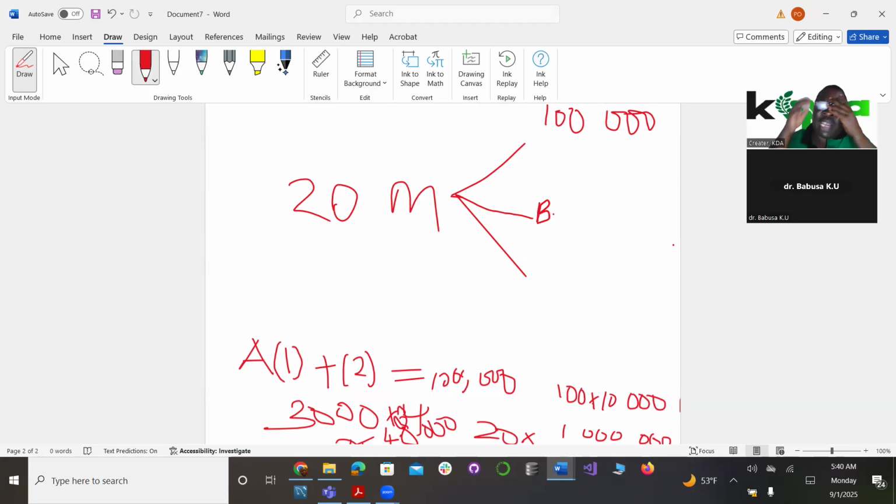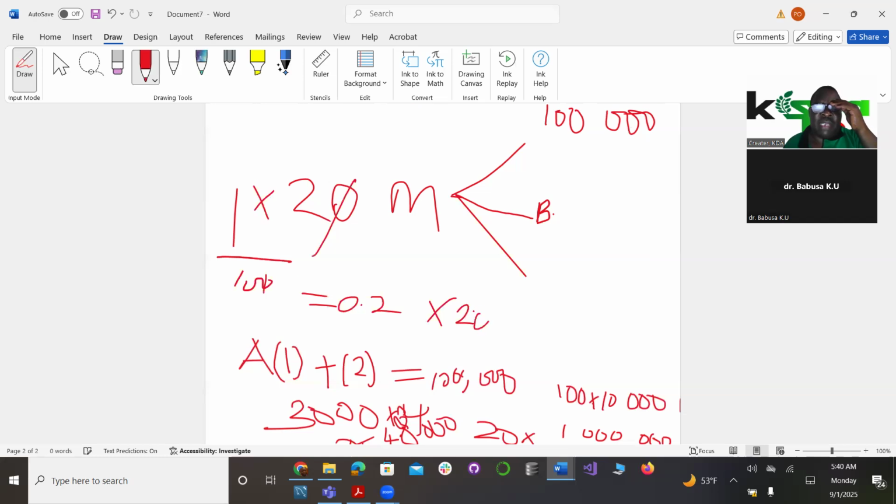The department, we can just give you 1%, or even 2%. I'm just saying, for example, when we take 1% from 20 million in 1 day, the department is going to get 0.2 million every day. Now, if you work for 200 days in a year, this is what the department is going to get.